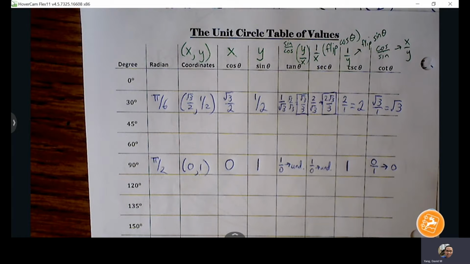You see zero, you're going to force zero to a fraction. It's really zero. So I flip 0 over 1. Zero.